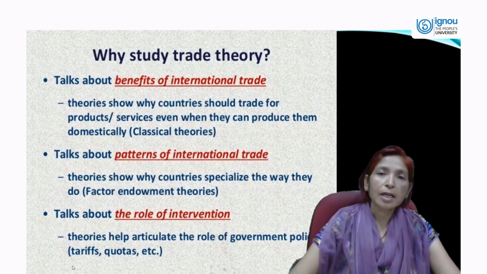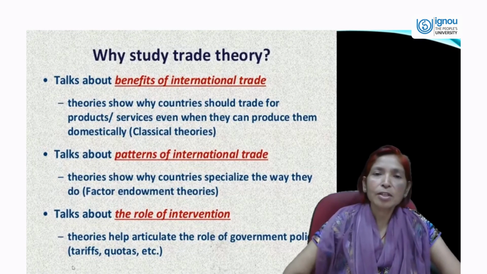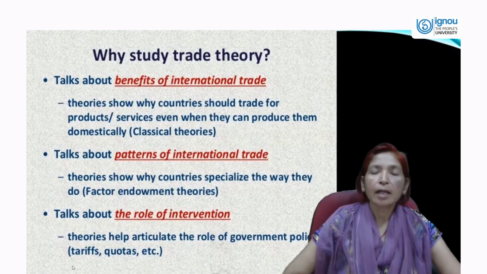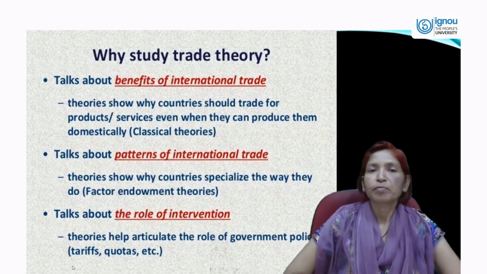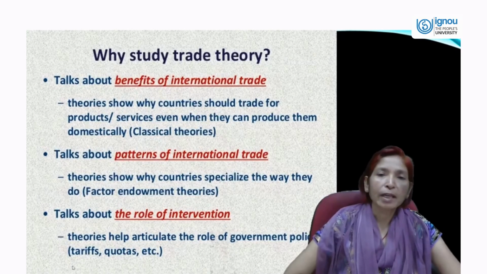And this theory also talks about the role of intervention, which means the government's role. The role of government policy like tariffs, meaning import restrictions or import tax, and quotas, etc. These are called restrictions imposed by government policies.